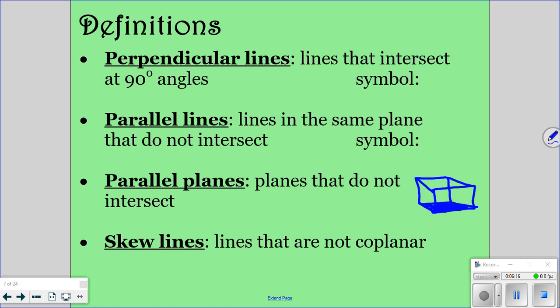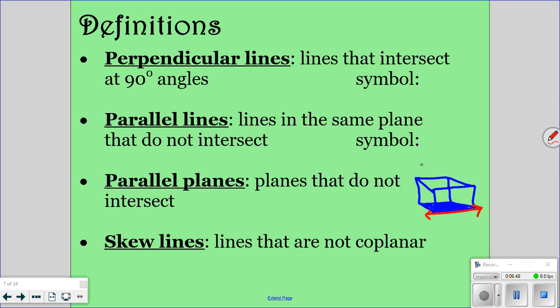If I draw a line on that plane, I'm going to do this one right here, and then I come up with a line that is not on this plane, let's say I put it here. Those are not on the same plane. However, could I put a plane that would cover both of those two red lines? I could. It would be the front of this box here. So those two are not examples of skew lines.